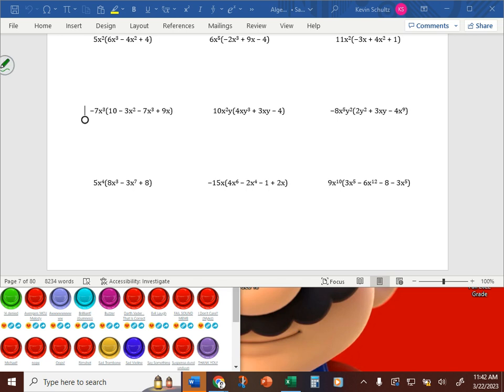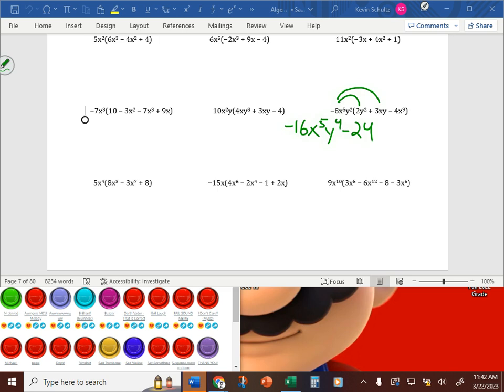Last one in that second row: -8x to the 5th y squared. That whole term gets distributed to 2y squared. Coefficients get multiplied: -16. No x's in the 2y squared, so our x to the 5th isn't going to change. Then y squared times y squared is y to the 4th. Then into the 3xy, -8 times 3 is a -24.